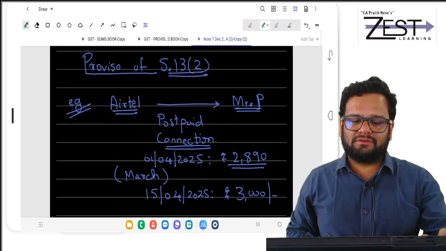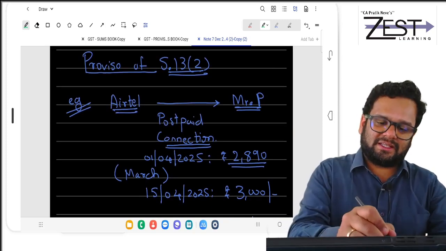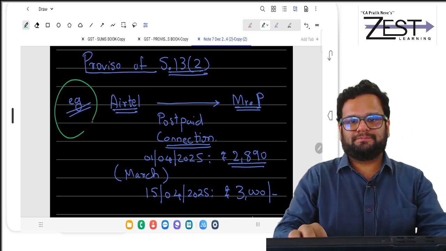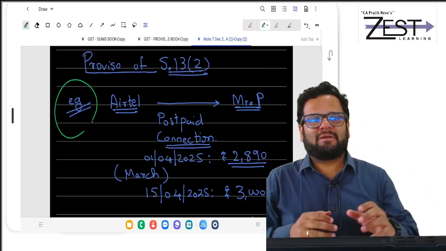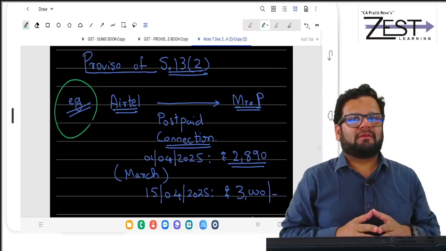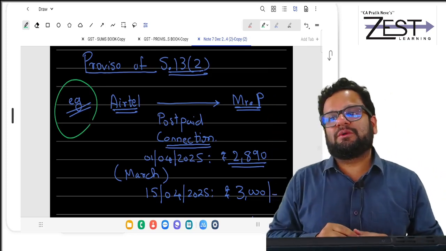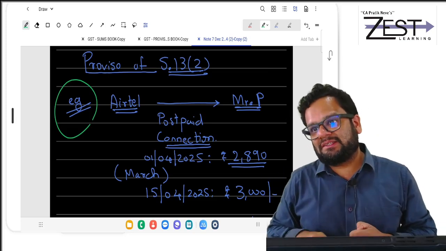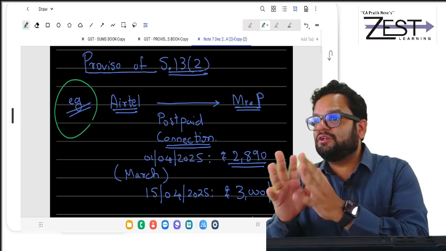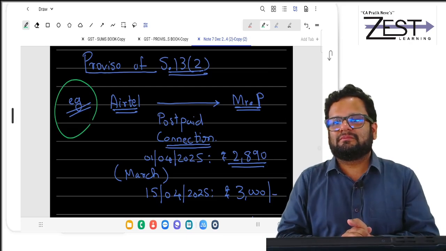Do this. If you have not written this example, write this example for proviso. Now, when I taught provision like this, one student asked me a question. If such a question is asked in exam, should we write provision or proviso? Write proviso.